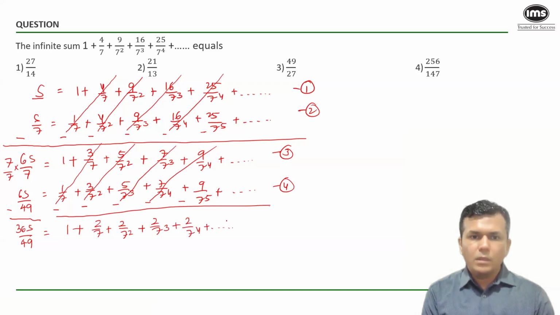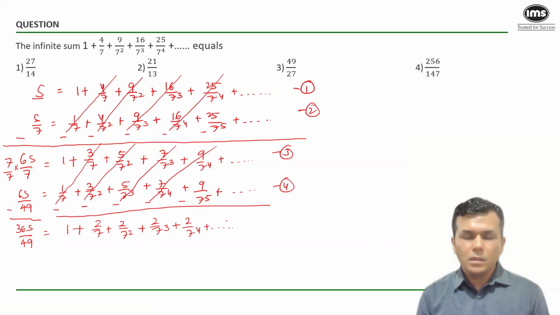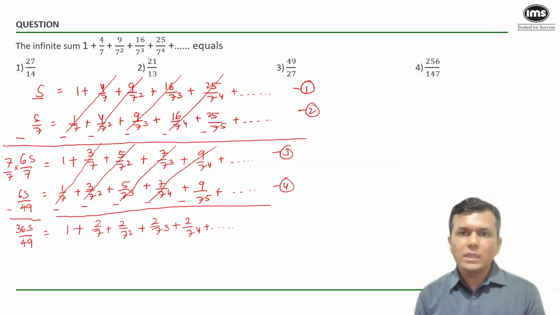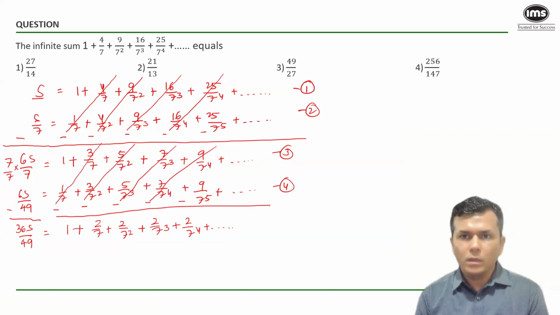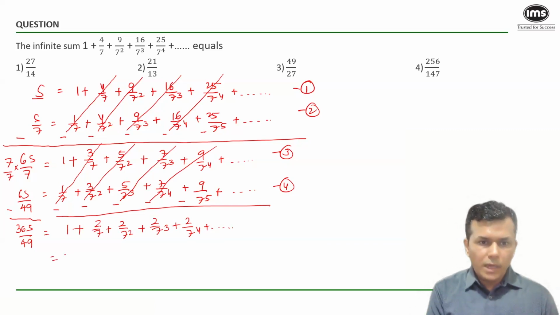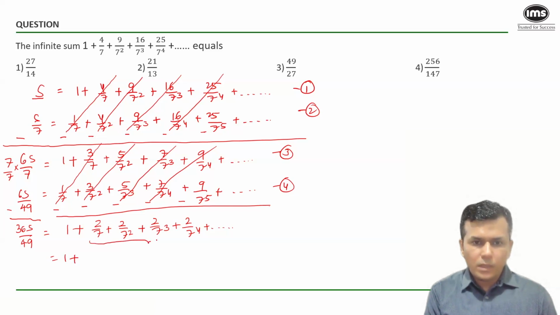Okay. Is this a GP? Answer is yes. And because we are adding infinite number of terms, we can say this is infinite GP. So we can use that S infinite equal to A upon 1 minus R formula, right? Keep this 1 as it is. And over here, this is my S infinite, right?